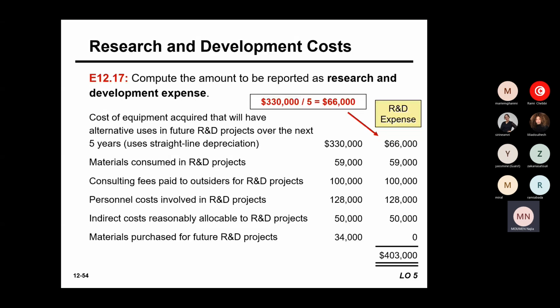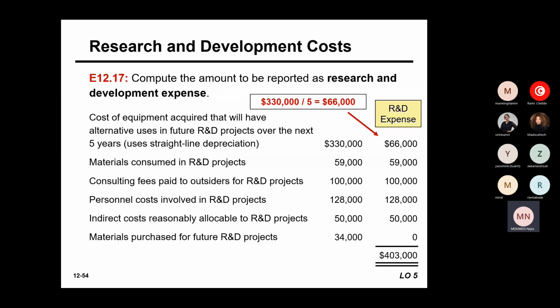Okay, let's say we are a pharmaceutical firm, and we have equipment that we use in developing the classic drugs that we usually produce. At the same time, we acquired new equipment that is needed for developing a vaccine for COVID. If we assume that this equipment will also be used for future vaccine development, then it should be capitalized.